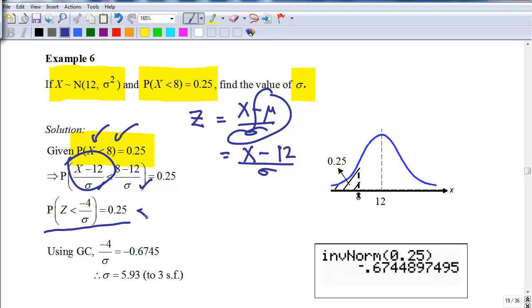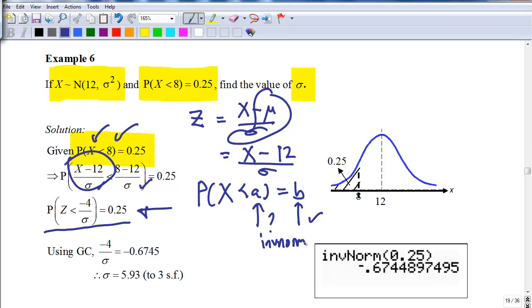Now, remember earlier on we were talking about inverse norm. If I have something like this, and if I know what B is, I can find A using inverse norm. So that's what I'm going to do here. From the GC, this is my B, this is my A. I will use inverse norm to churn out this number, minus 0.6745.